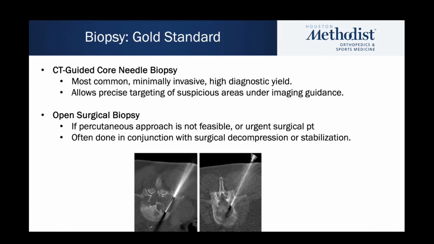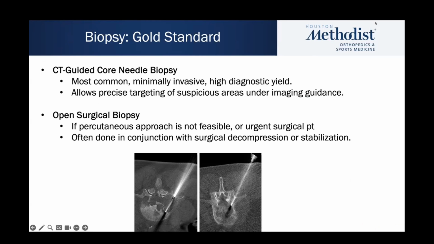As we just discussed in the last case, biopsy is critical in any spine tumor case to determine the diagnosis. CT-guided biopsy, as we discussed before, is the go-to for biopsy.